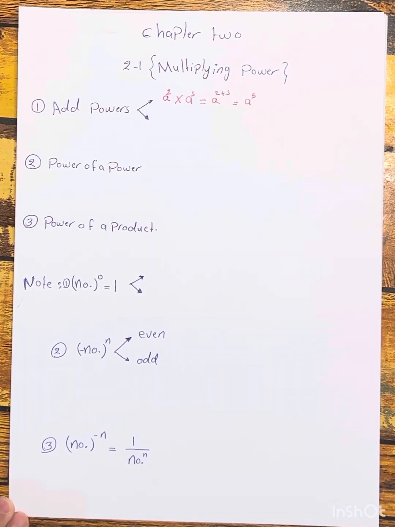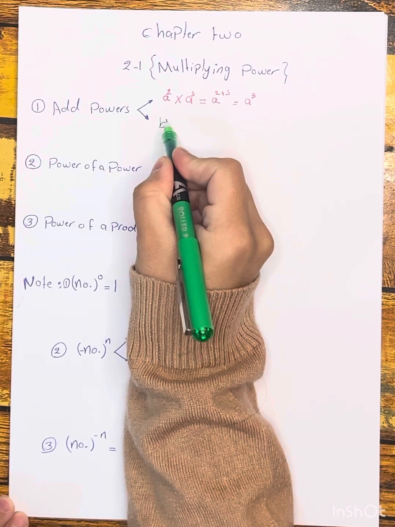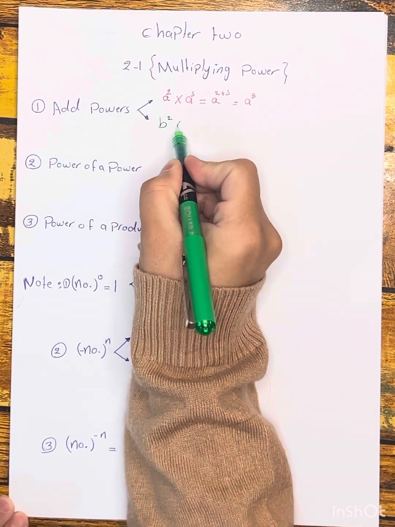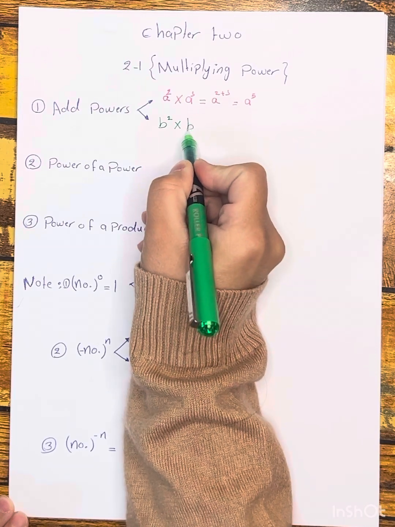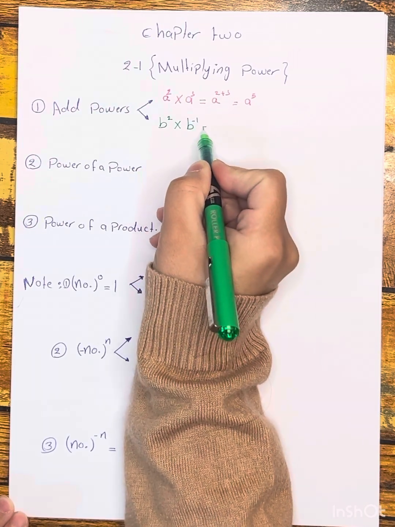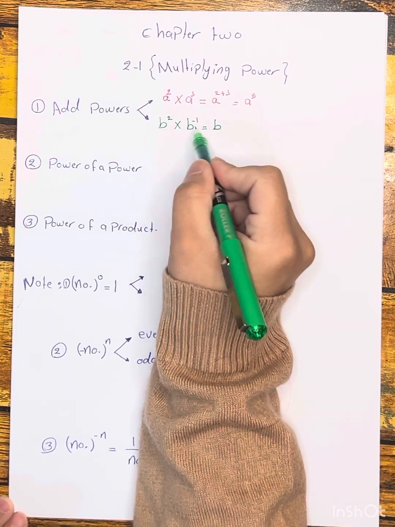We can say 2 plus 3 equals a to the power of 5, okay? What about if there are two opposite powers? For example, b to the power of 2 times, for example, b to the power of negative 1, okay? Again, we need to write one same base, because they are the same base.